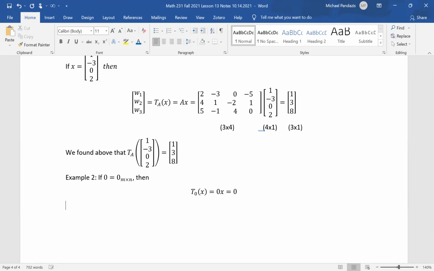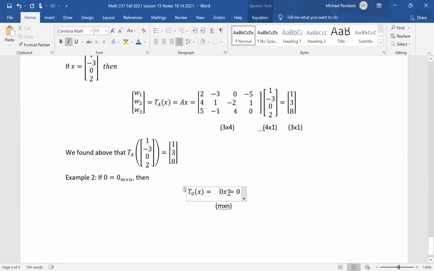And how do you know the sizes? Well, first, it was given to you that the 0 matrix is an m by n 0 matrix, and that's the first 0 here. So this matrix right here is an m by n 0 matrix.